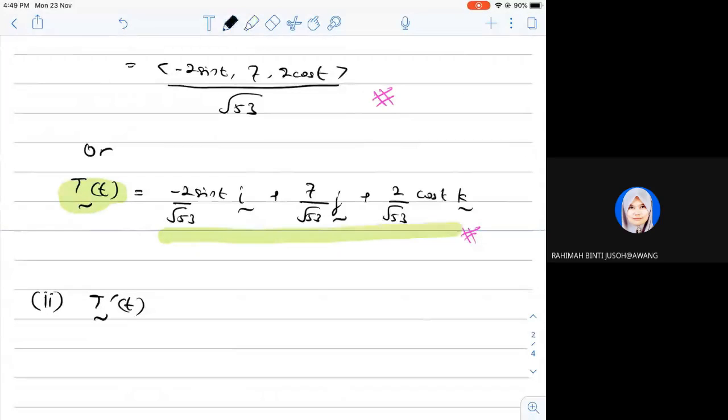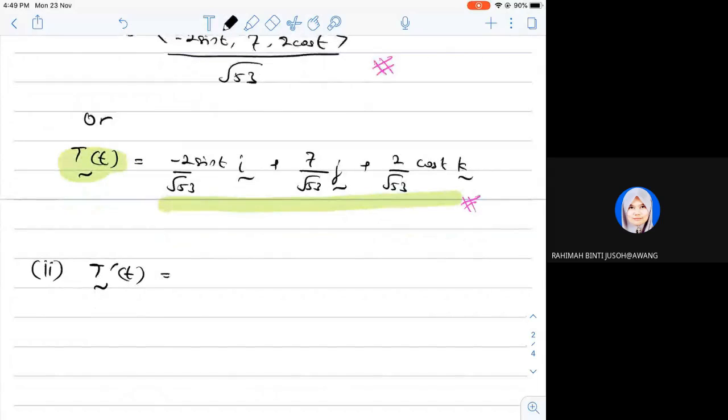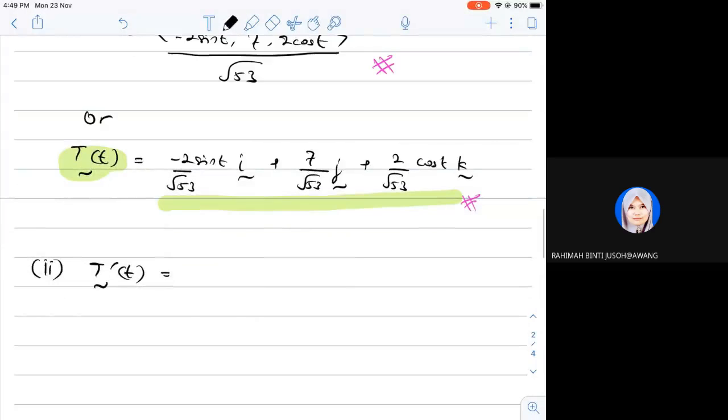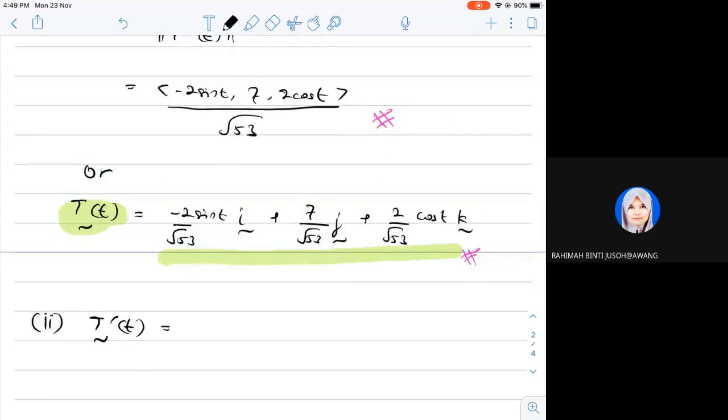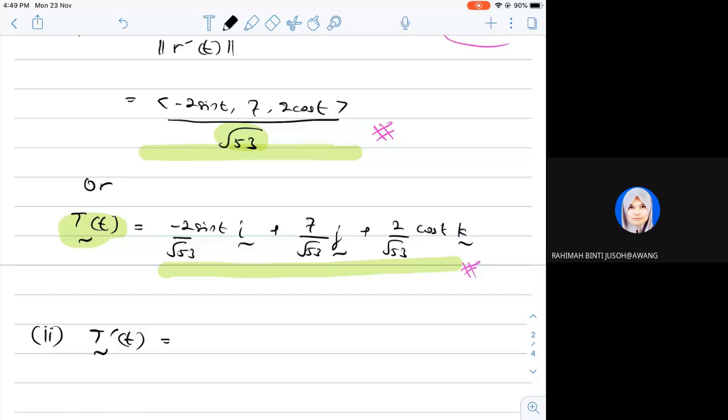Differentiate this. We will have, let's say I take out the coefficient. Let's say here I consider this notation. So this is just a coefficient, right? Square root 53 can be taken out, 1 over square root 53.